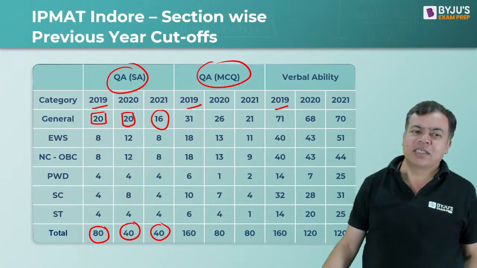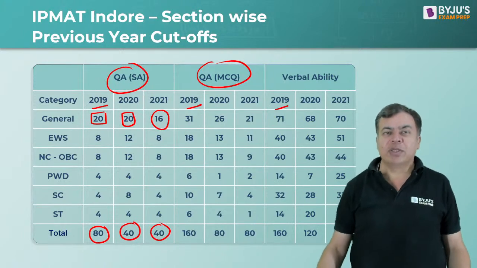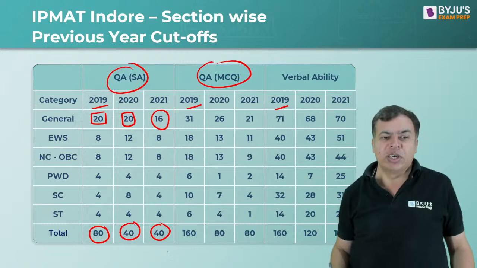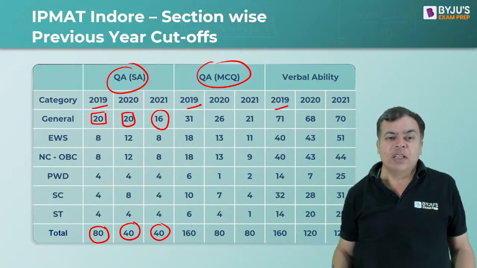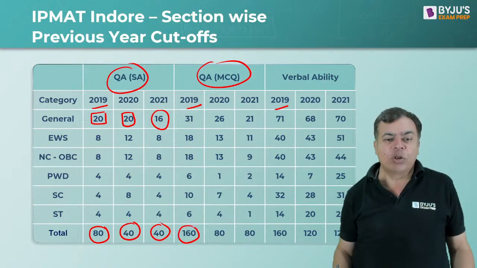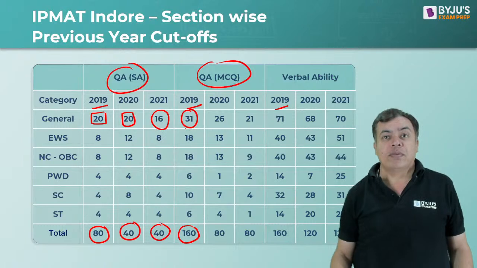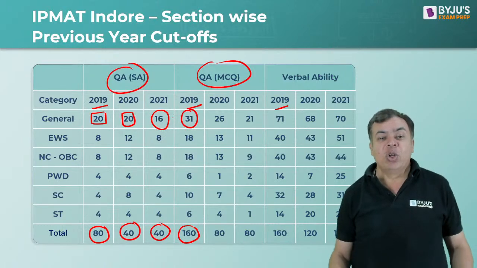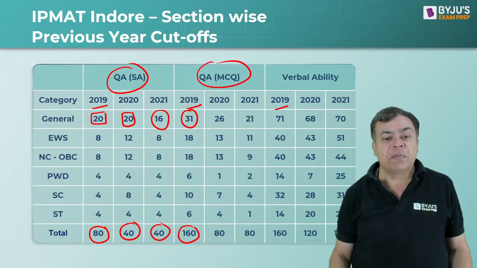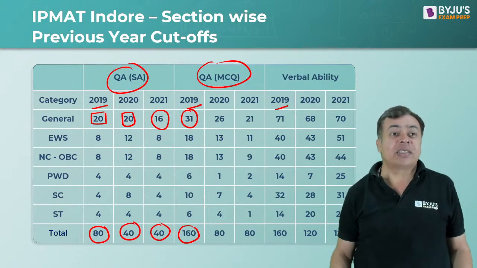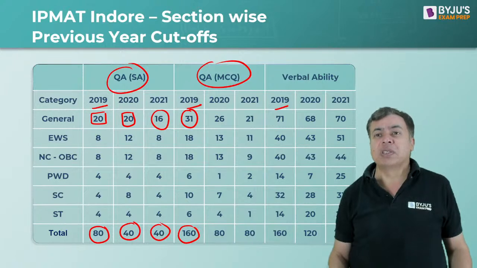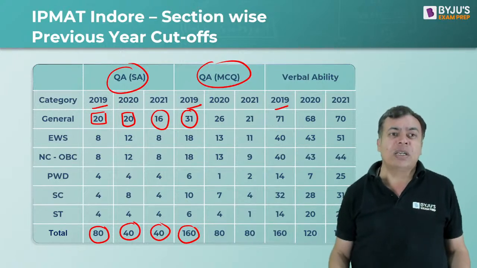If you are talking about MCQ, out of 160, see this, in 2019 only 31 was the cutoff. That means not even 25%, it was only 20%. Less than 20%, rather. 16 into 2 is 32, so less than 20% was the cutoff.